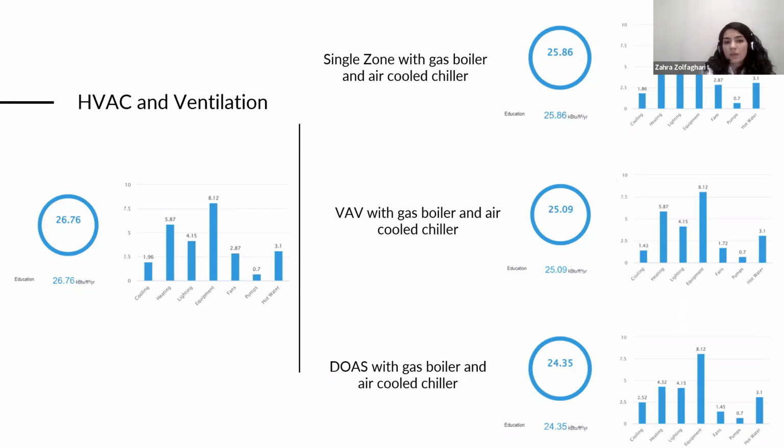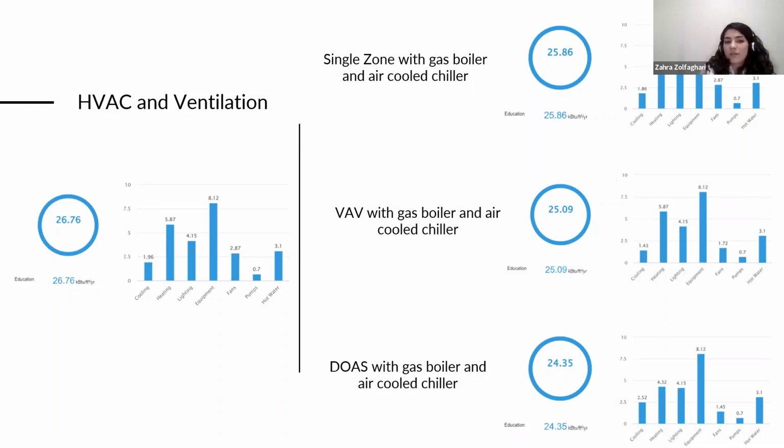DOAS is selected due to its dedicated ventilation system, which provides high quality indoor air and comes in handy in situations like COVID pandemic situations. And VAV is selected due to its cost effectiveness. So here you can see the results for 3 options. DOAS reduced the EUI the most, while single zone reduced the EUI the least.